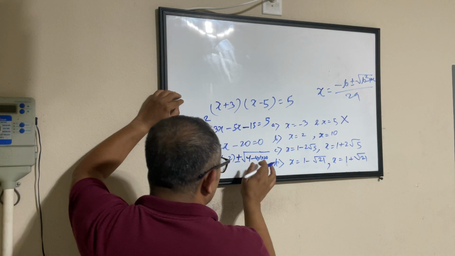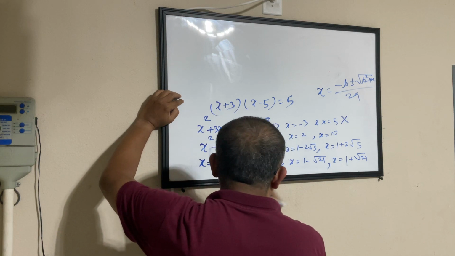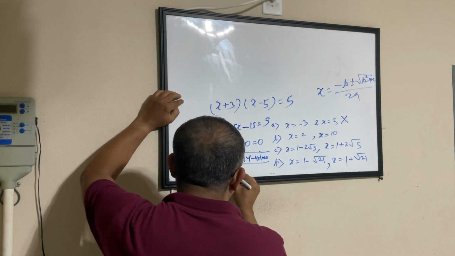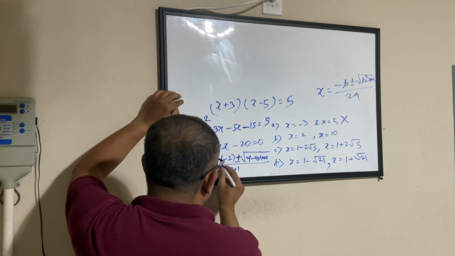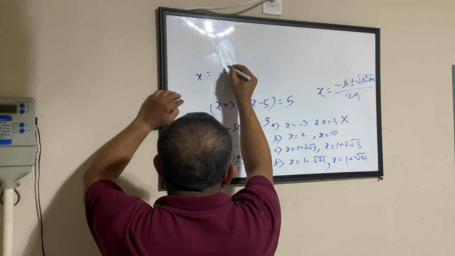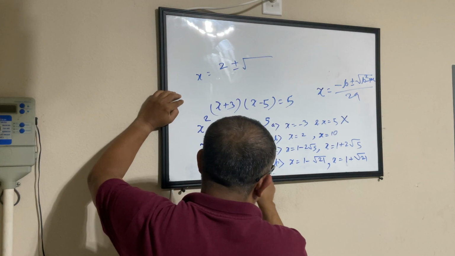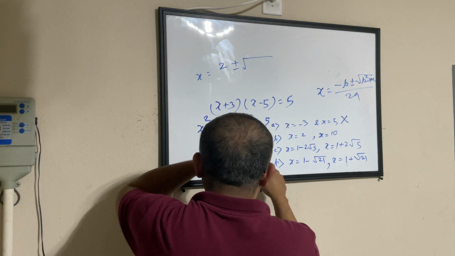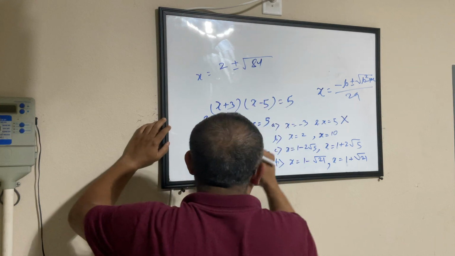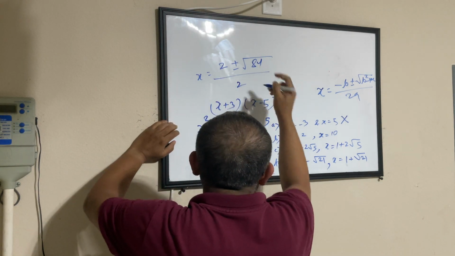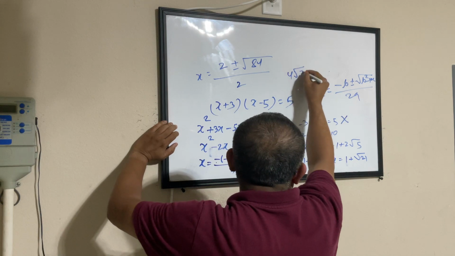Okay. I was making a mistake here. 4ac, c is 20, by 2a, 2 into 1. So x equals 2 plus minus square root of 4 plus 80, 84. This is 84. I was somehow getting 24. My bad. So this is 4 times 21.